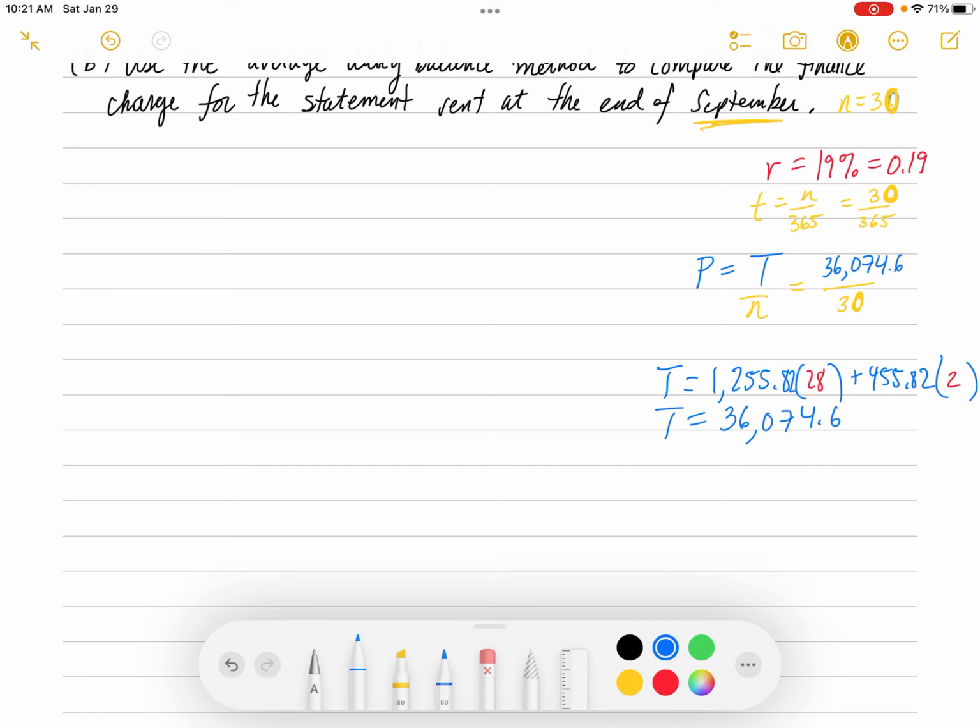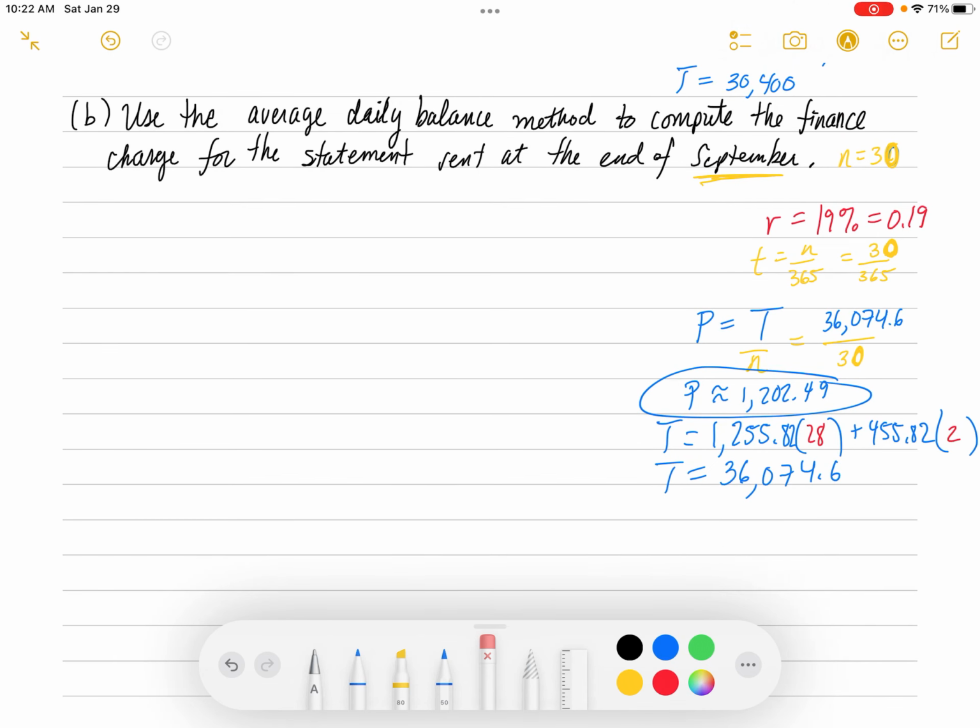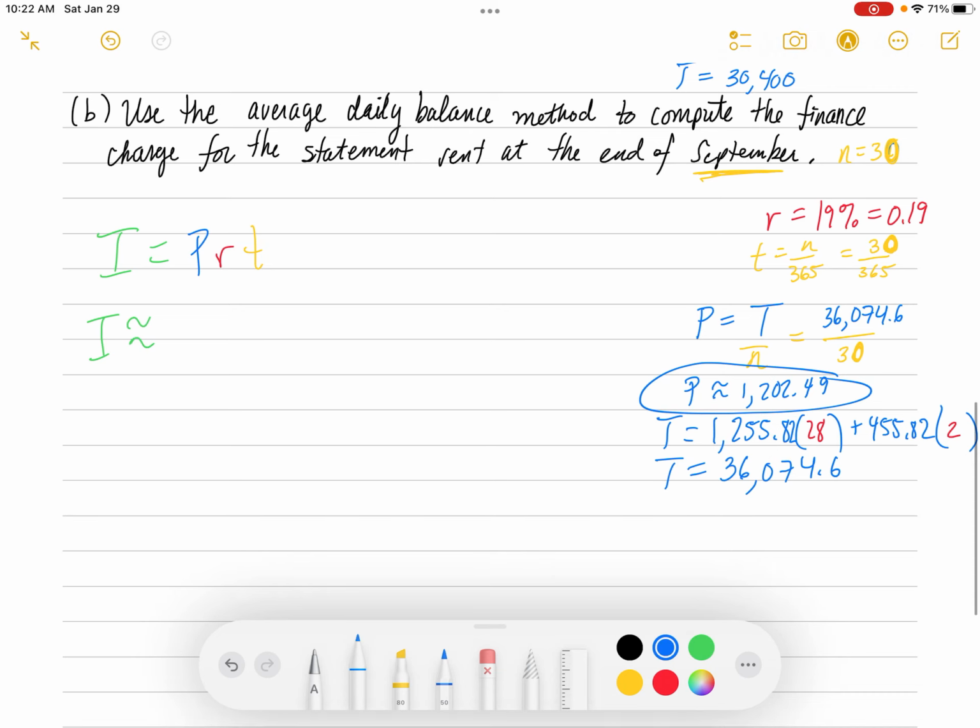And I got, for capital P, about $1,202.49. So we're doing the formula I equals P R T. In other words, I is approximately, P was $1,202.49.